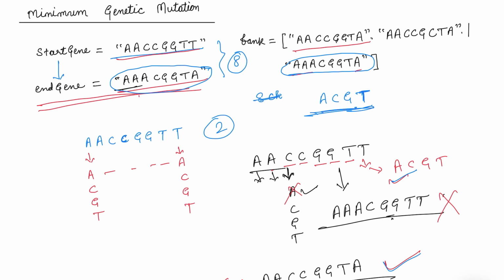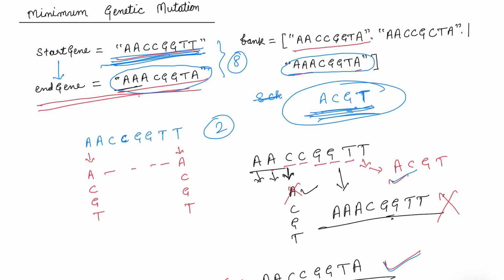So what is the process to count the number of steps? That means for a start gene, we have to check each character. Total there are 8 characters. So for 8 characters there can be mutations with A, C, G, T, 4 times. So total 32 times.